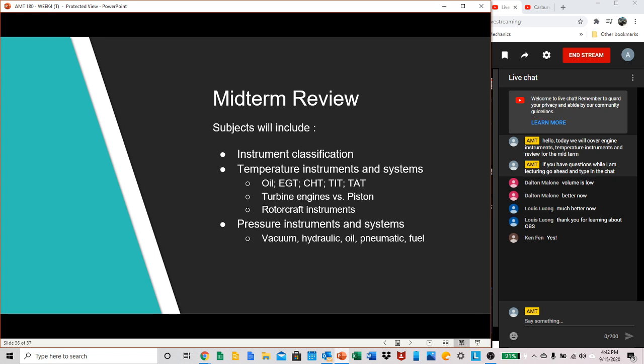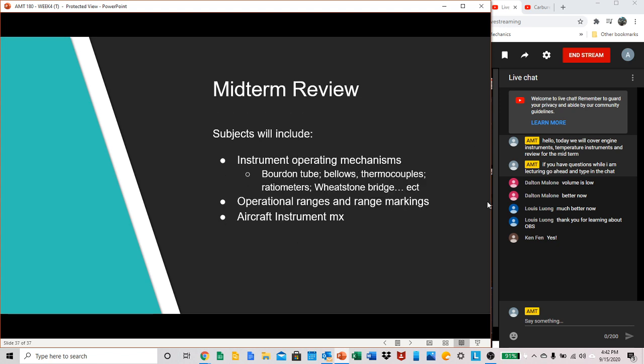We went over pressure instruments and systems, including vacuum/manifold pressure system, hydraulic, oil, pneumatic, and fuel. Okay, all of those pressure systems as it relates to the indicating instruments. Also, instrument operating mechanisms, that's everything including Bourdon tube, bellows, thermocouples.